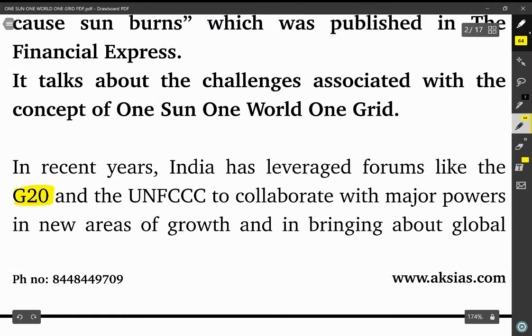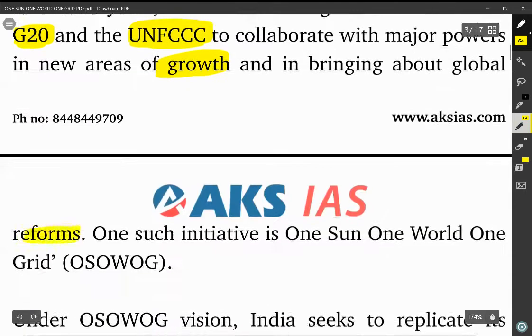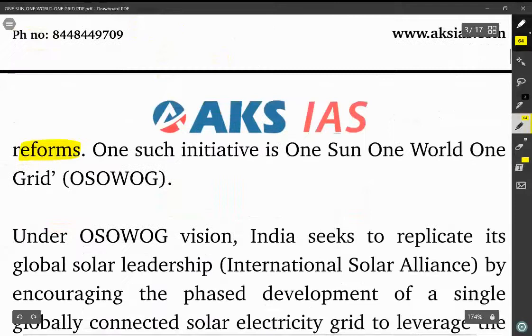To get into the details of this issue, in recent years, India has leveraged forums like G20 and the UNFCCC, that is the United Nations Framework Convention on Climate Change, to collaborate with major powers in new areas of growth and in bringing about global reforms. One such initiative is One Sun, One World, and One Grid.